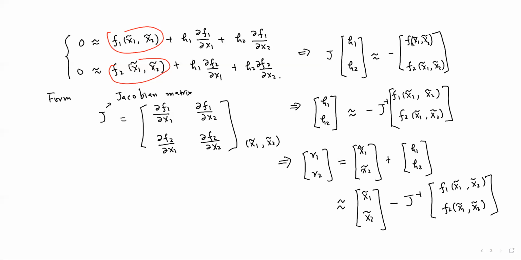We believe, usually, that this new vector is closer to the root R than the original estimate x1 tilde, x2 tilde.